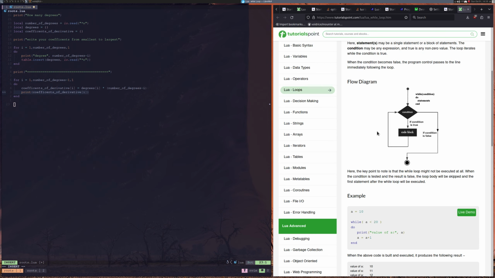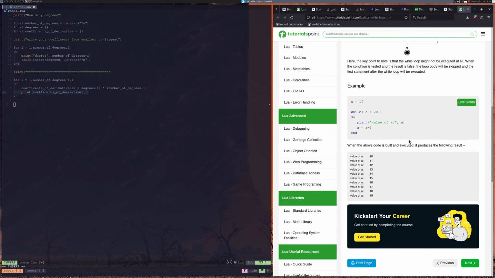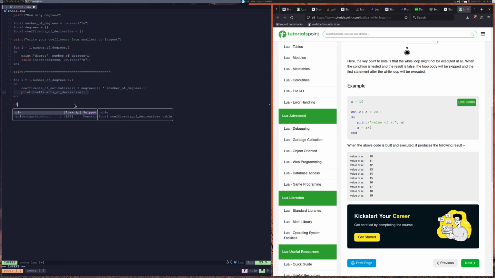A while loop. Alright, so let's call this closeness to 0.